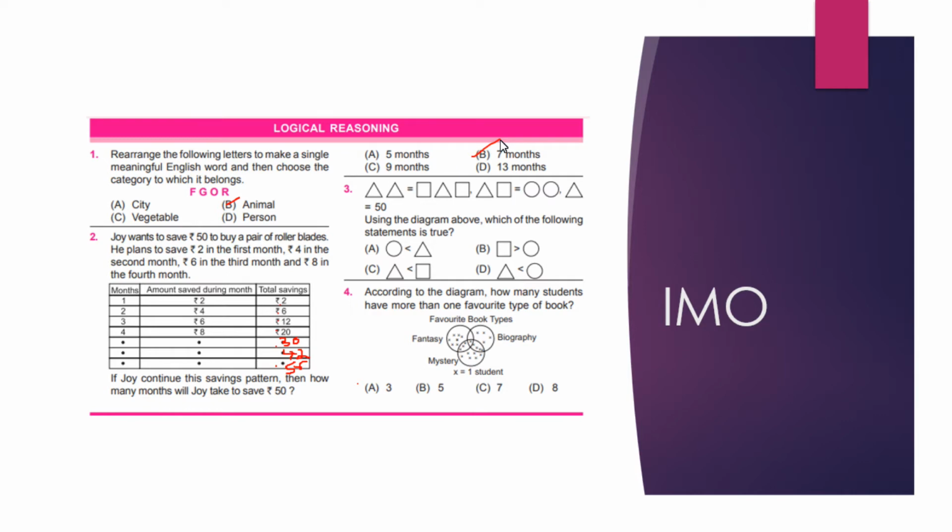Triangle equals square, triangle square equals circle, triangle equals 50. Using the given diagram above, which of the following statements are true? Number of triangles is greater than number of squares, or number of circles is greater than number of triangles, number of squares is greater than circles, number of triangles is lesser than squares, number of triangles is lesser than circles. So the answer is obviously number of circles are greater than number of squares.